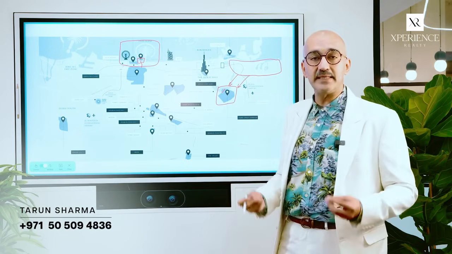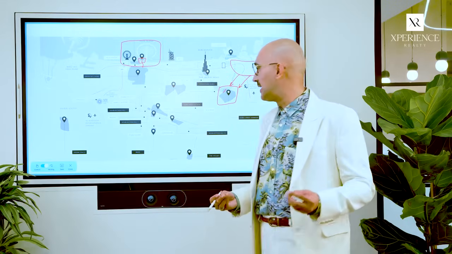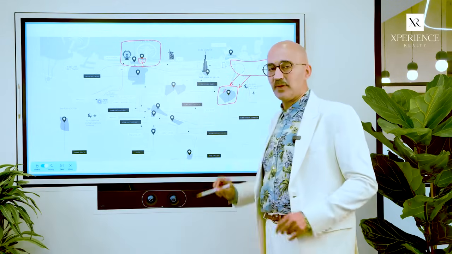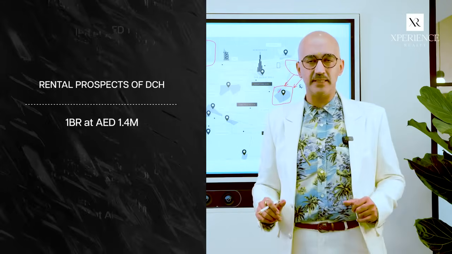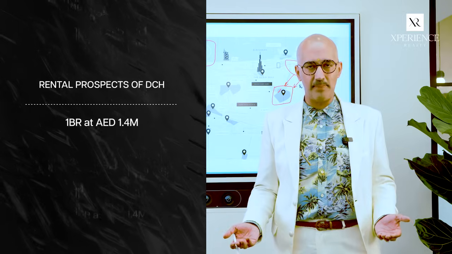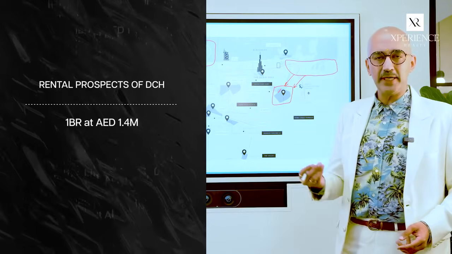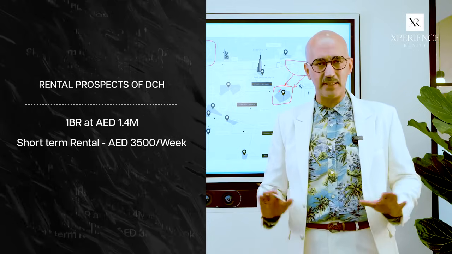So organic demand. Now to understand the rental prospects of Dubai Creek Harbour, what we need to see is, imagine if I would have bought a 1 bedroom at 1.4 million dirhams not so long ago in one of the buildings in Dubai Creek Harbour. Now, I can put it on short-term rental on a weekly basis for around 3,500 dirhams.